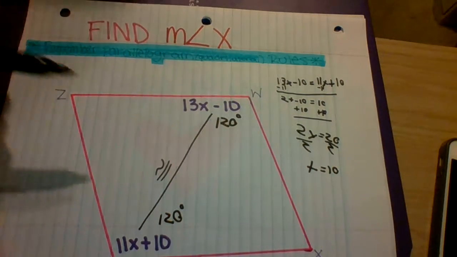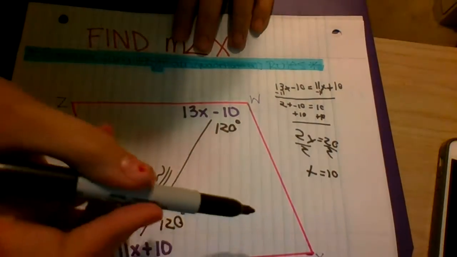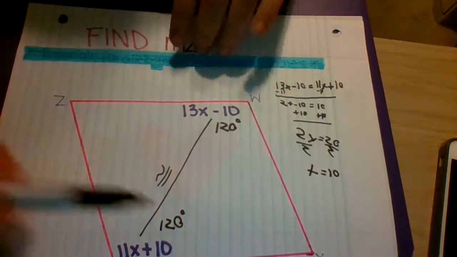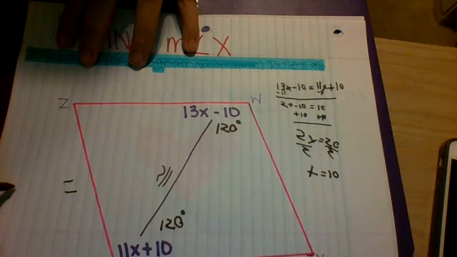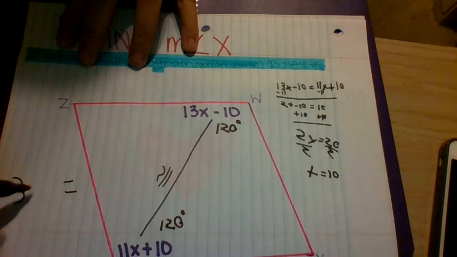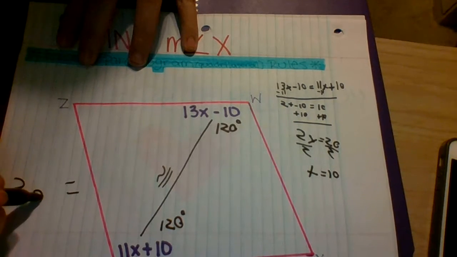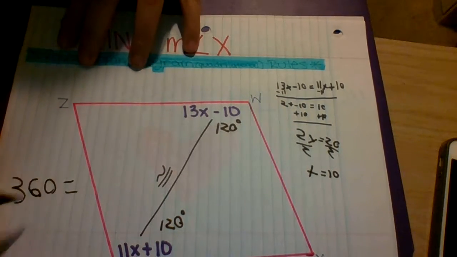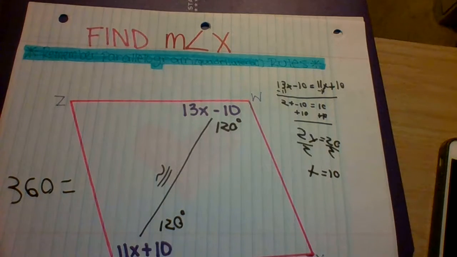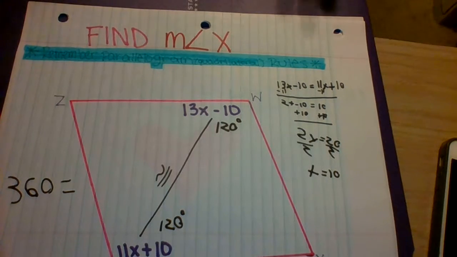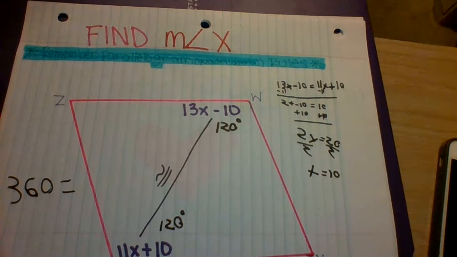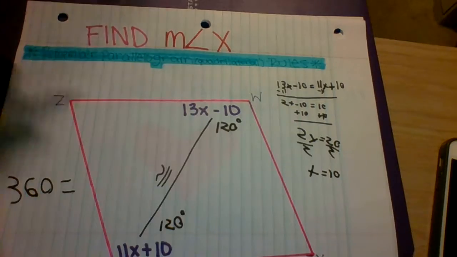And from this, now you just use common sense. So since a parallelogram equals 360 degrees, you just make sure that each of the sides equals up to 180 degrees, because once adding 180 degrees, you will get 360.